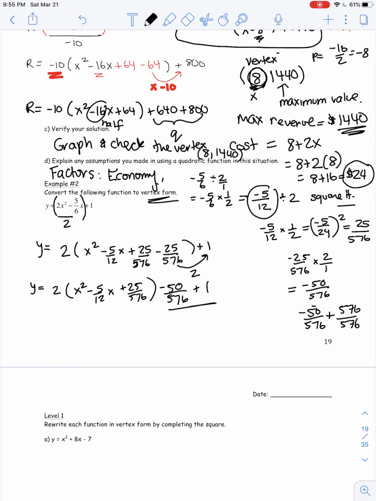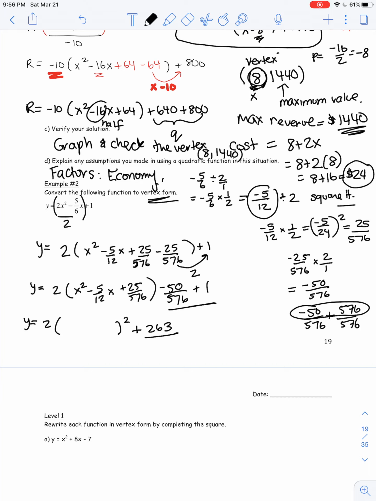Now, when we add and subtract, we only work with the tops and we keep the denominator the same. So negative 50 plus 576 in my calculator would equal positive 526 at the top. At the bottom, 576 and 576, you keep the common denominator.